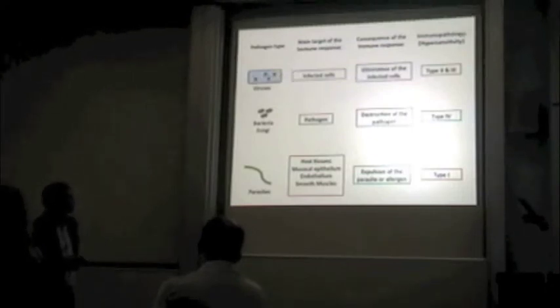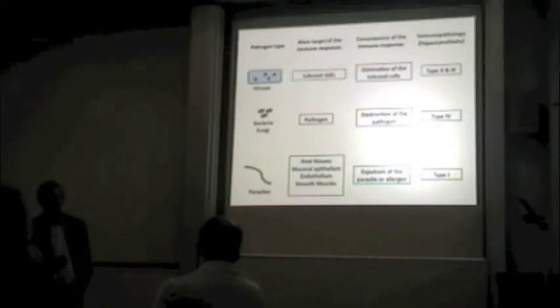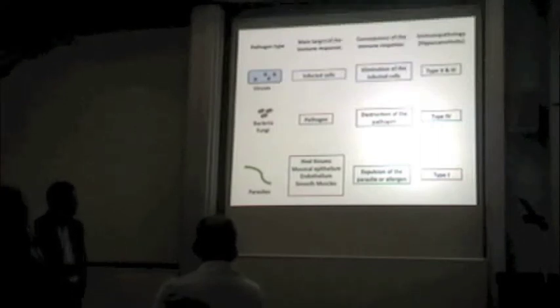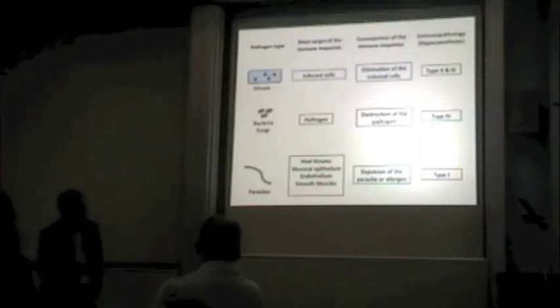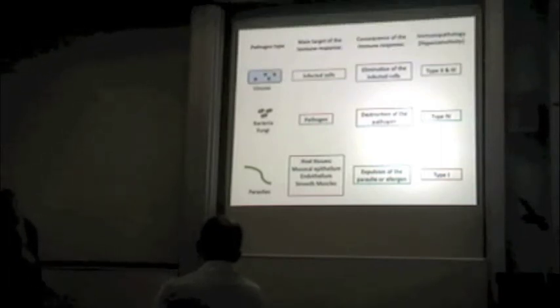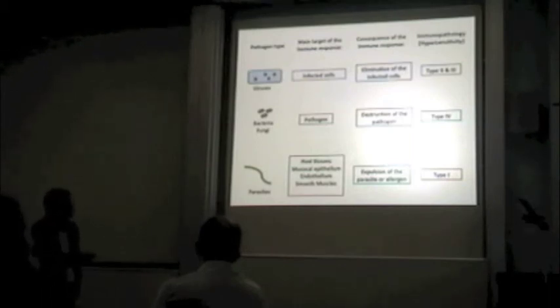The goal of the response is not so much to kill the parasite. Killing adult worms is really problematic. So the main strategy of defense here is the expulsion of the parasite, and that can lead to characteristic pathology known as type 1 hypersensitivity or allergy, because it has to do with hyperactivation of these types of host tissues.